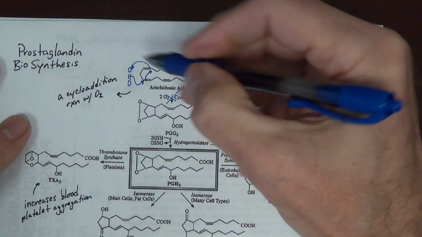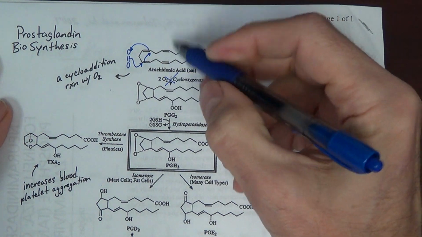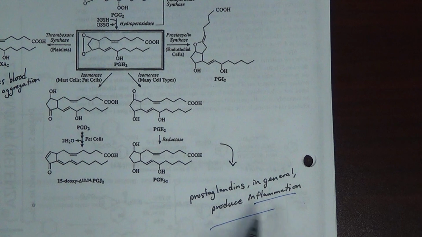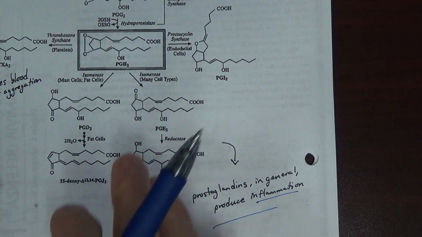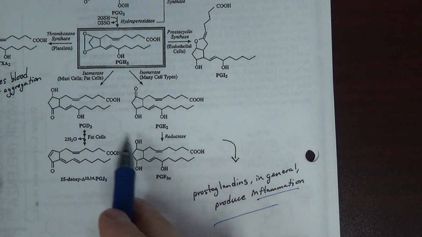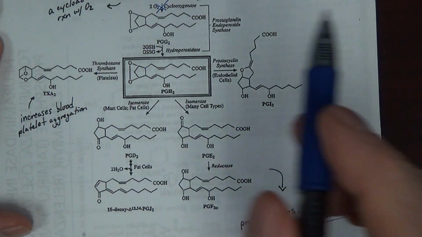And if you stop arachidonic acid from being converted to this structure, you're effectively stopping the synthesis of prostaglandins, and thus you can reduce inflammation, because prostaglandins sort of promote inflammation. And they promote blood clotting. All right.